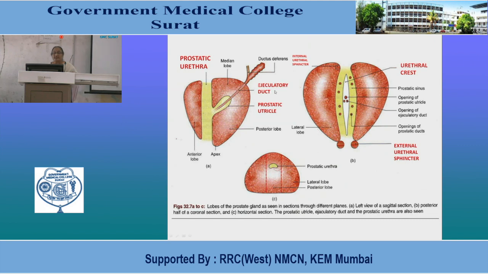The prostatic urethra, ejaculatory duct and prostatic utricle, all three structures lie within the substance of the prostate gland. The diagram shows the parts visualized in the substance of the prostate gland.